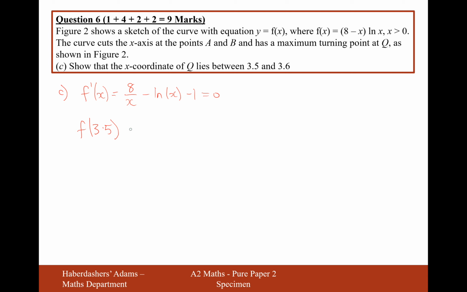So plugging in 3.5, 8 over 3.5 minus ln of 3.5 minus 1. Let's grab our calculator. That gives us a positive value, 0.033.